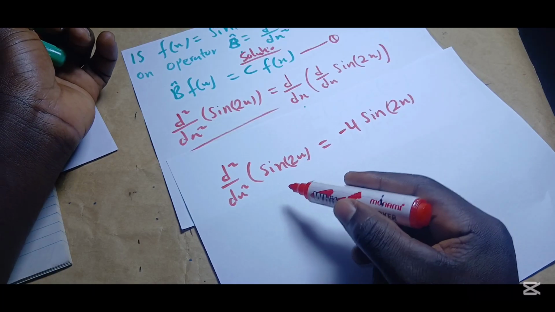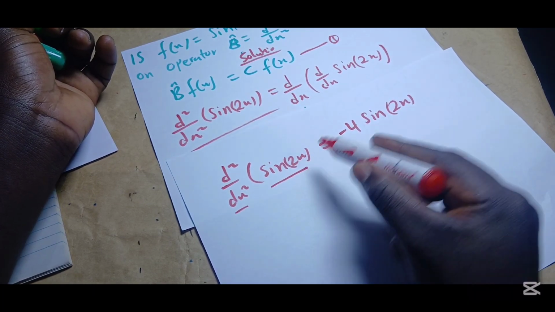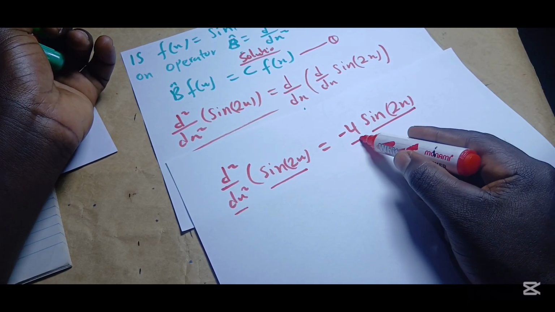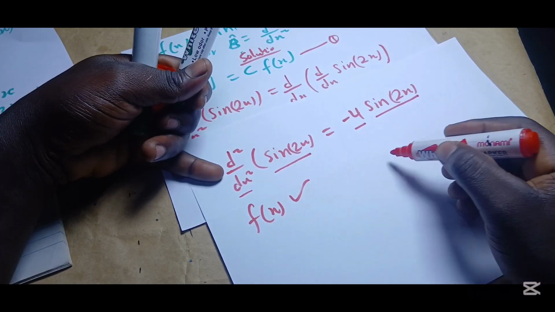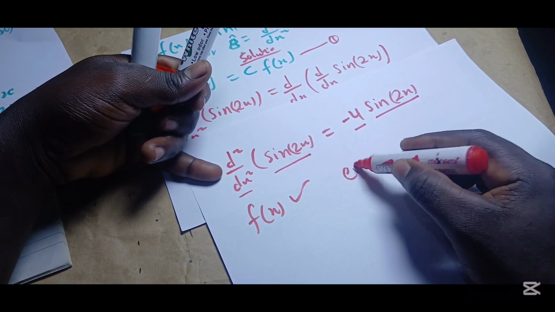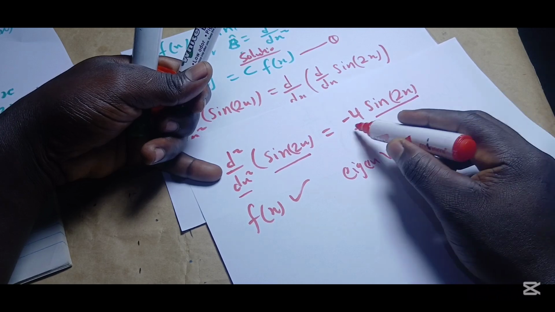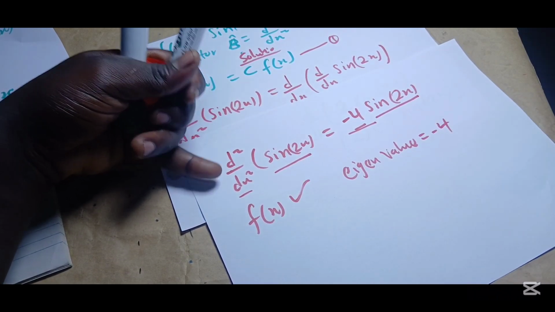We have an operator operating on the function sine 2x, and at the end we have sine 2x there and a constant. Yes, f of x is an eigenfunction with an eigenvalue of minus 4.